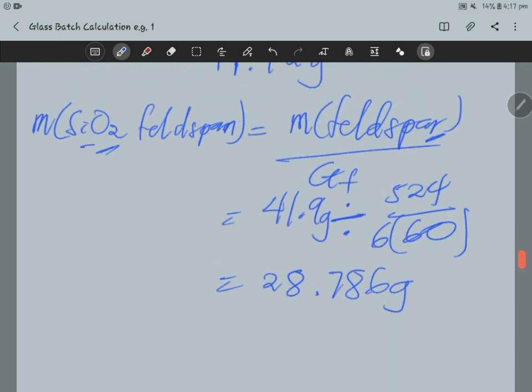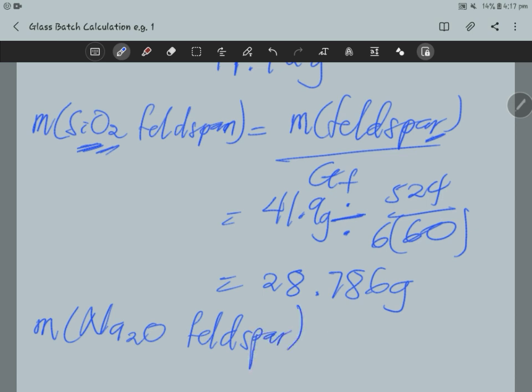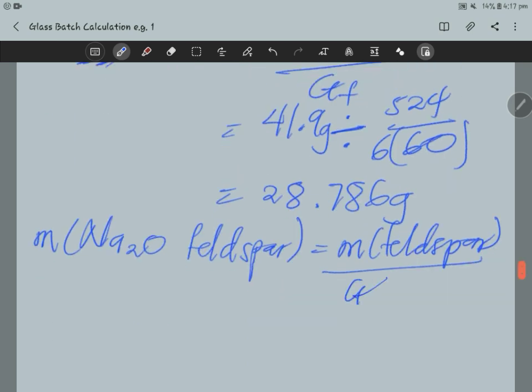So this is the mass of the SiO2 that will come with the feldspar that we are using as the raw material. And then now we need the mass of Na2O. We are checking the mass of the Na2O in the feldspar that will be added to the system before we melt everything. The same thing, mass of feldspar all over the gravimetric factor, and the gravimetric factor always changes depending on the raw material component.